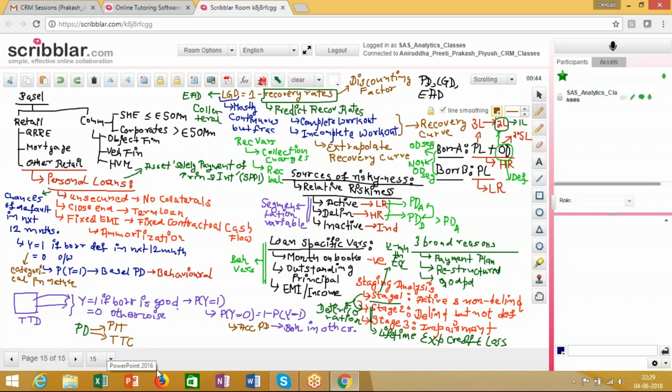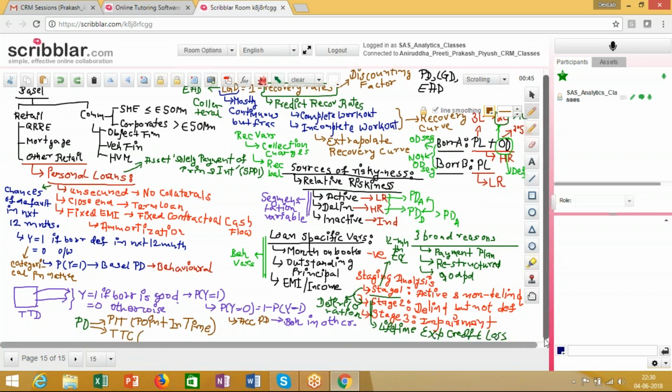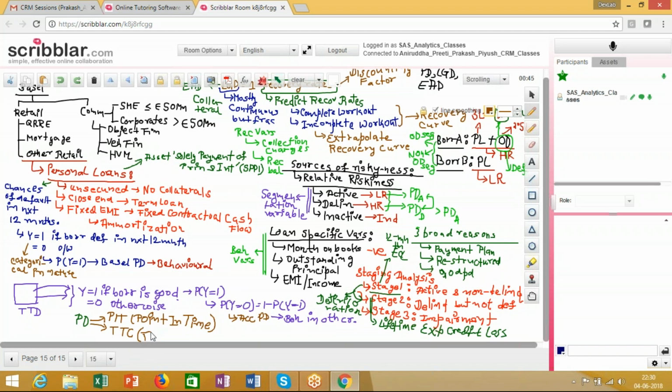PIT stands for point in time, and TTC stands for through the cycle.